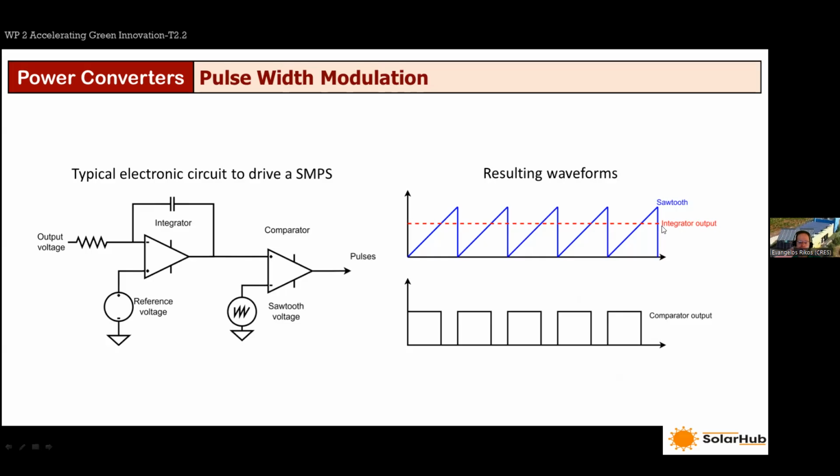This constant reference here could come either from, I don't know, a reference signal by a potentiometer or an integrator. In this case, with an integrator, what we do is compare a real signal, the output voltage, let's say, for example, with a reference voltage, and the integrator increases or decreases the output in order for the circuit to reach the desired voltage, right?